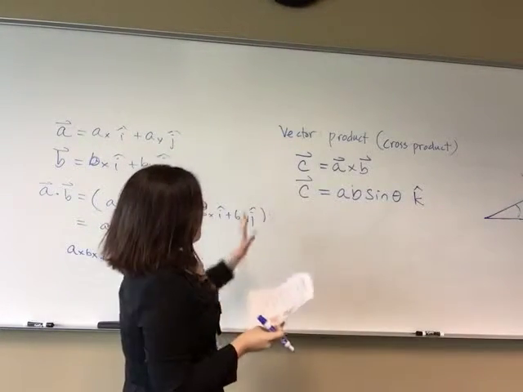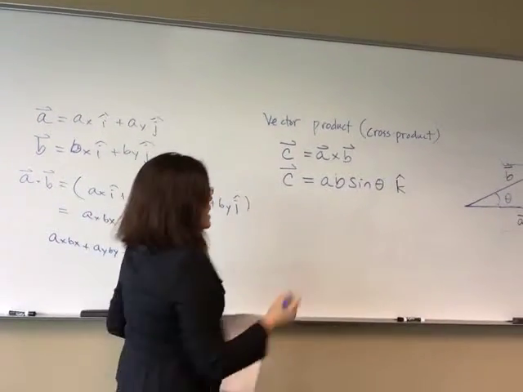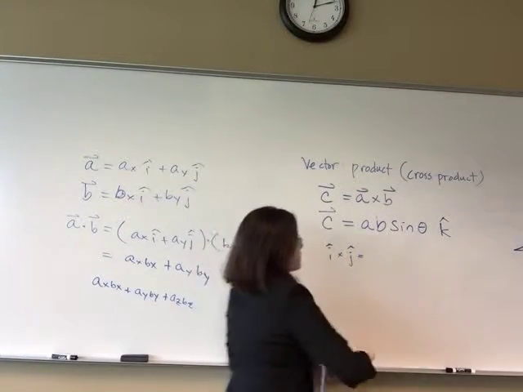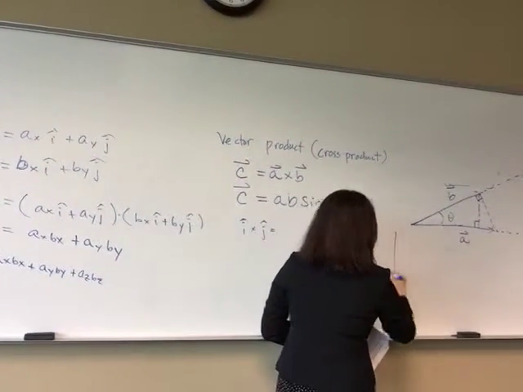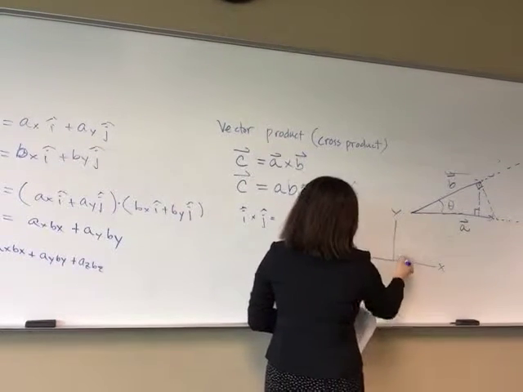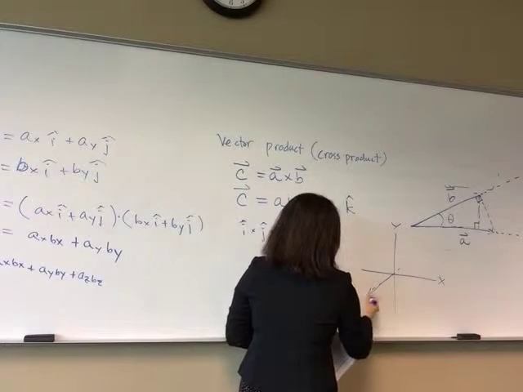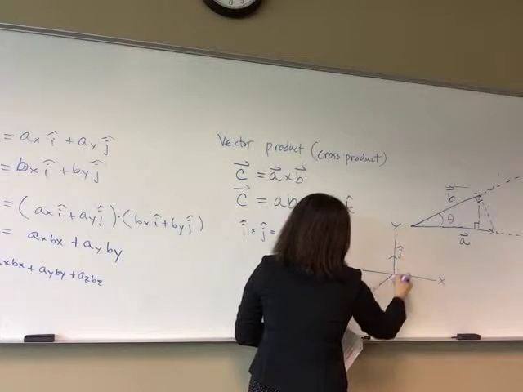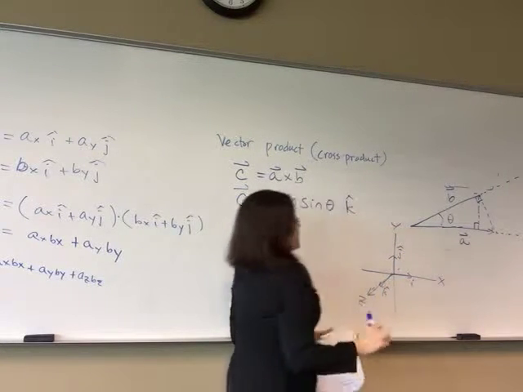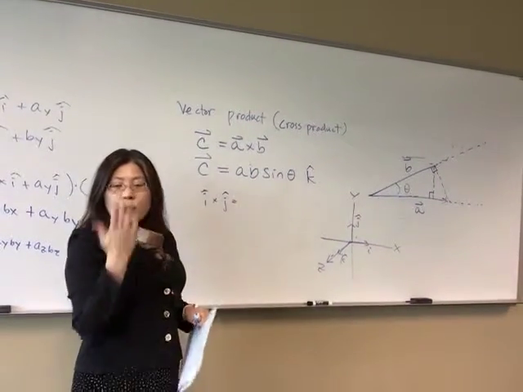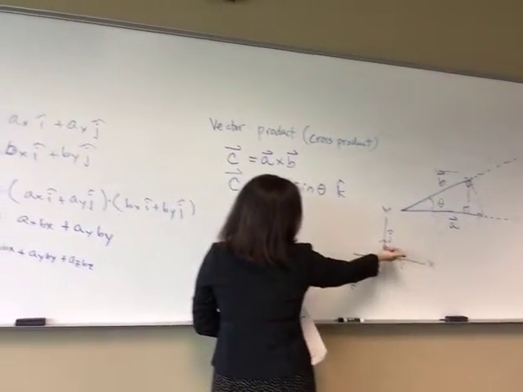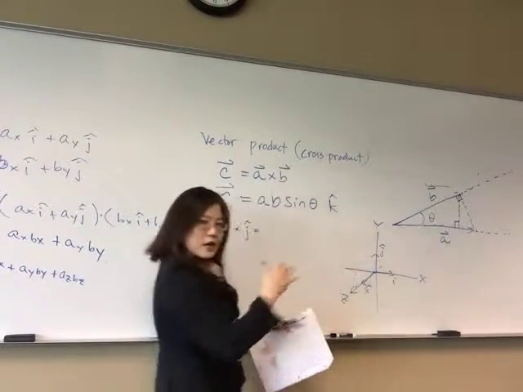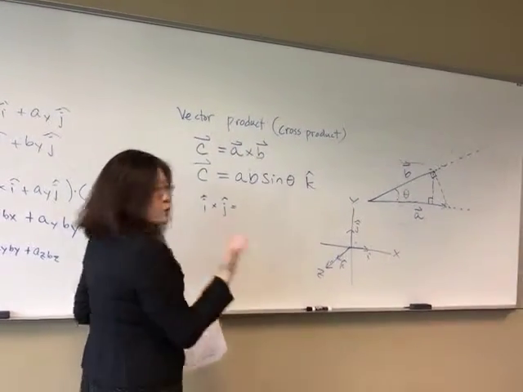Now, when you have the vector product, what we found is that i cross j, so let's say this is your x and y, and this is your z pointing outward. So i, j, and then k. Using our right-hand rule, i cross j should be pointing outward, but it's kind of difficult to draw, so just use your imagination.